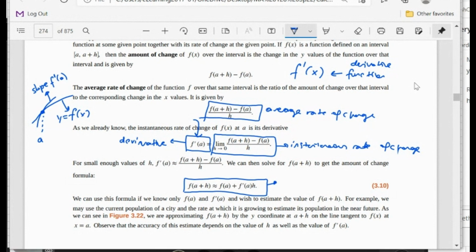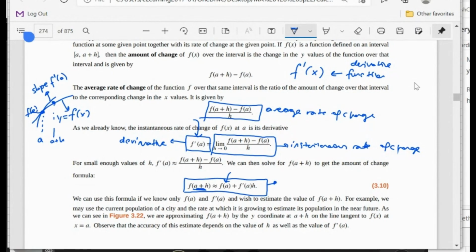What it means is that if you want to find the function value at a plus h, you can just make use of f of a. So this is f of a, the y value at a.